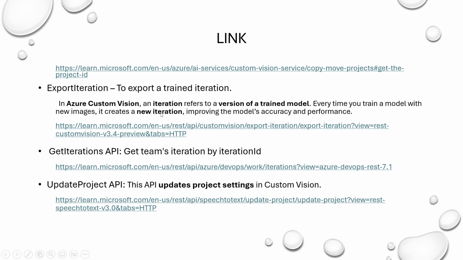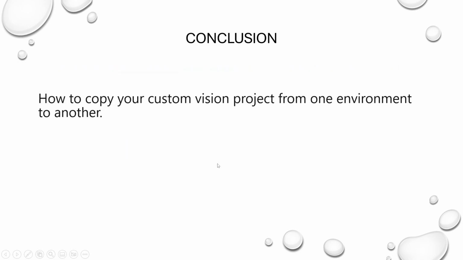So if we have to export an iteration, we have to call this endpoint. And then next is GetIterations API, which will get a team's iteration by iteration ID. It is to get the ID of the iteration. And UpdateProject API, this API updates project settings in Custom Vision. So if you want to know in detail about each of these APIs, I'll provide this link in the description box.